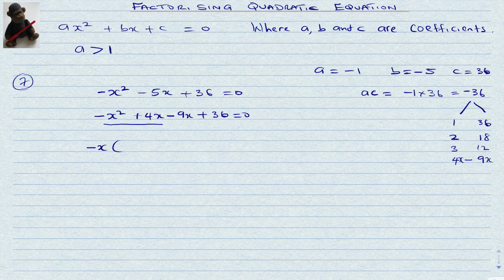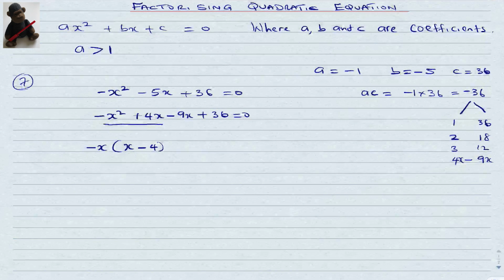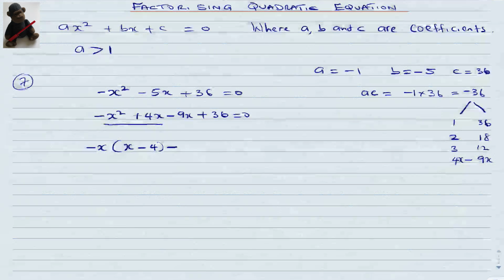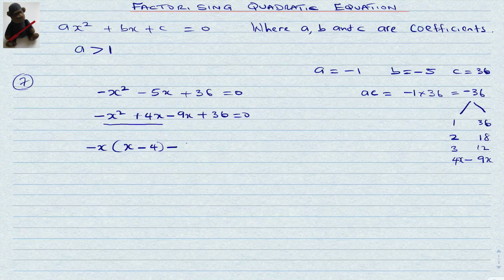So that would be x minus 4, because minus x times x is minus x squared, minus x times minus 4 is plus 4x. And I'll leave the minus where it is and take out the 9.